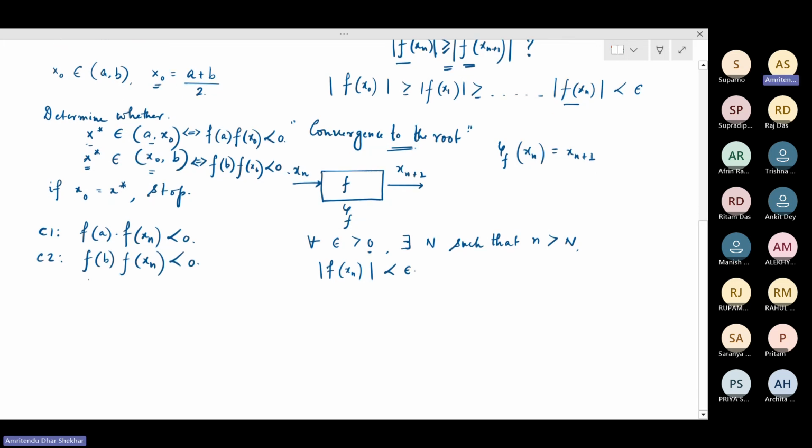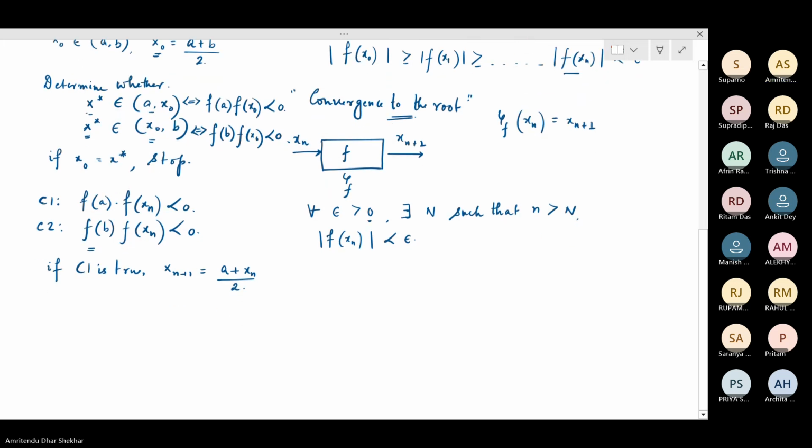So the algorithm is this: if C1 is true, then you set xn plus 1 to be equal to a plus xn by 2, else you set xn plus 1 to be equal to xn plus b by 2.